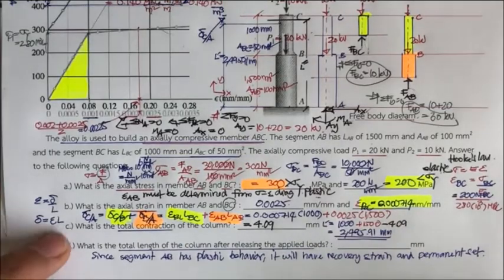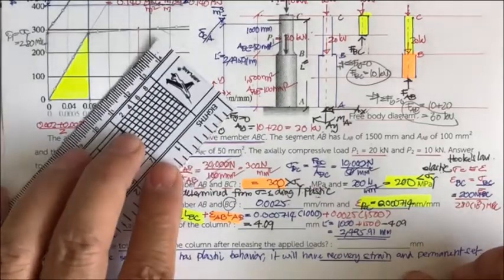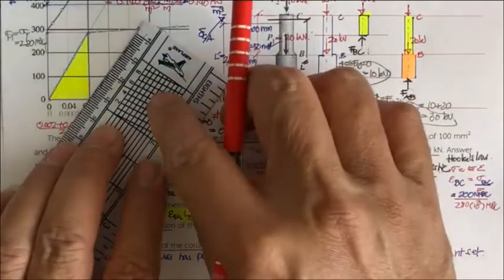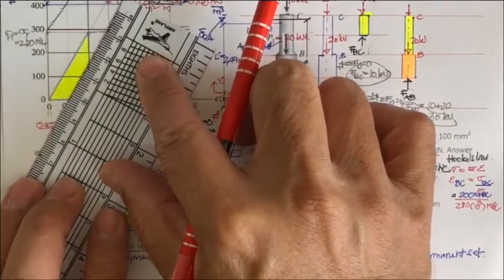The recovery will follow the slope of the first portion of the graph.